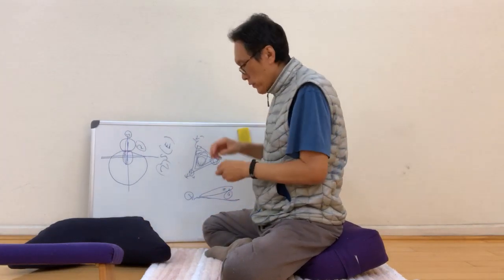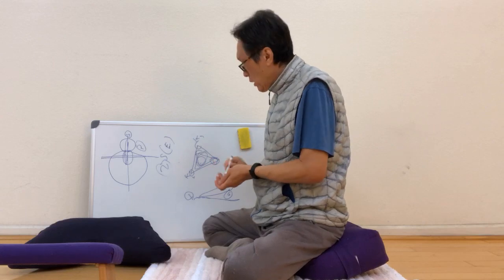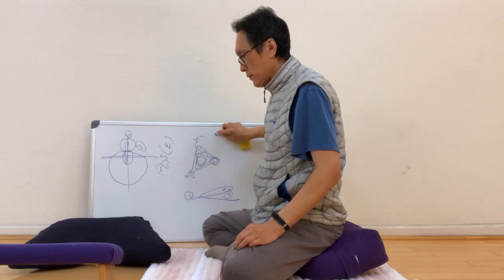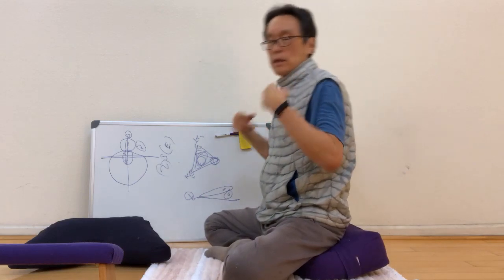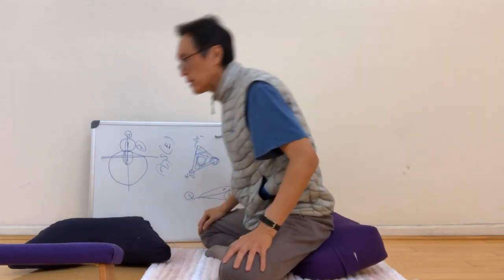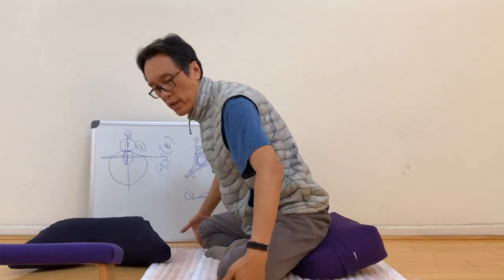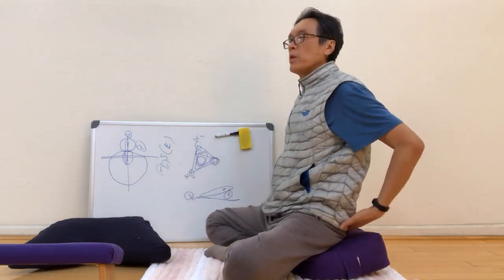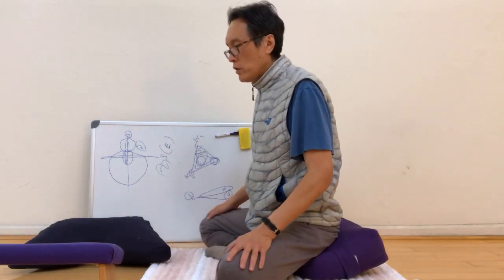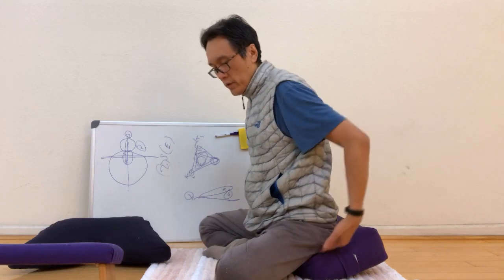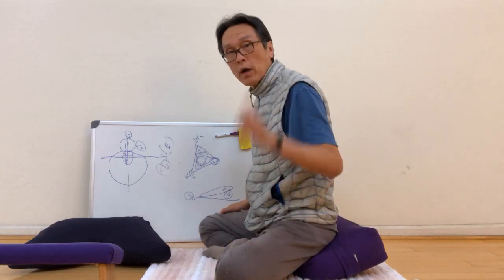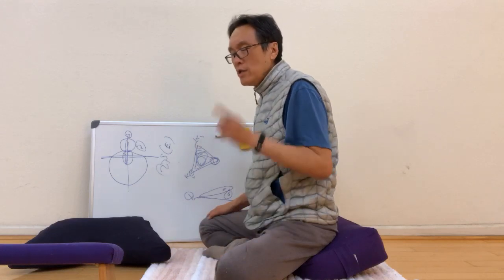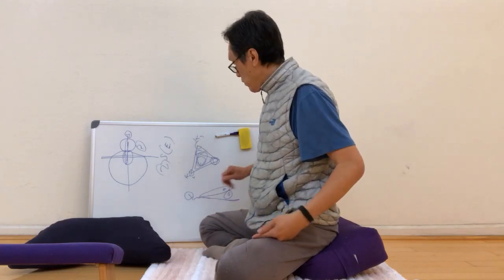Okay, so it is like that. It's not like that. It's like that. If I do that, that means my weight is here. If I do that, that means my weight is here. Now, I want it to be evenly spread here. Okay, evenly spread. Once you have evenly spread, that's step one.